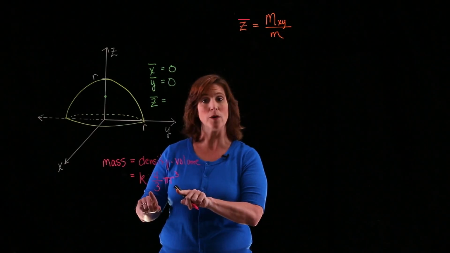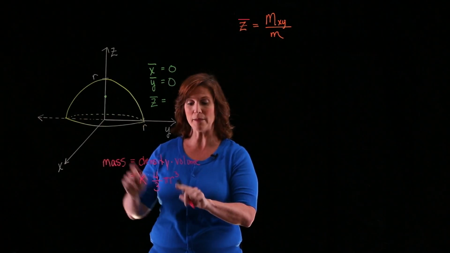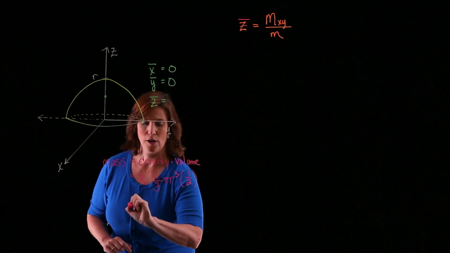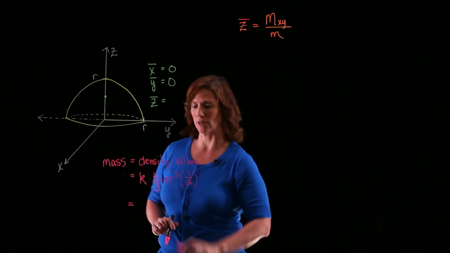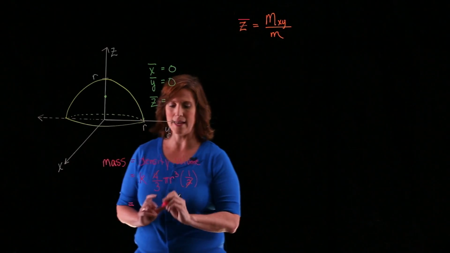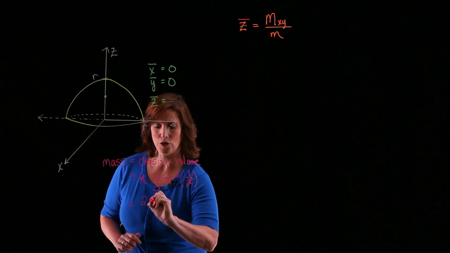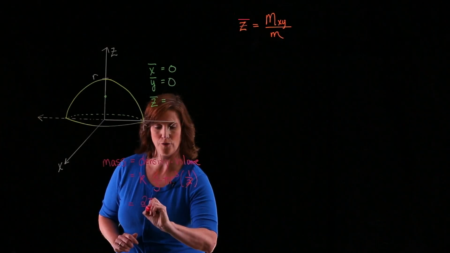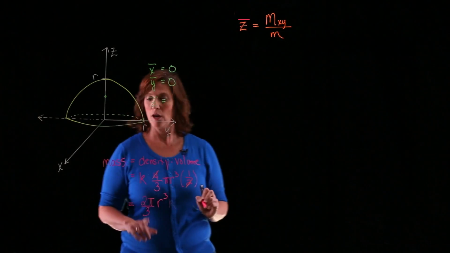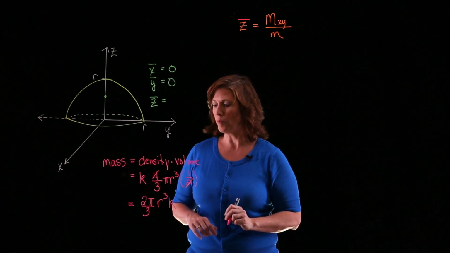Now that's the volume for a sphere, so since I only have a hemisphere, I want to multiply that by 1/2. So I can cancel here, and I'm going to end up with 2 pi all over 3 times r cubed, K, for my mass.